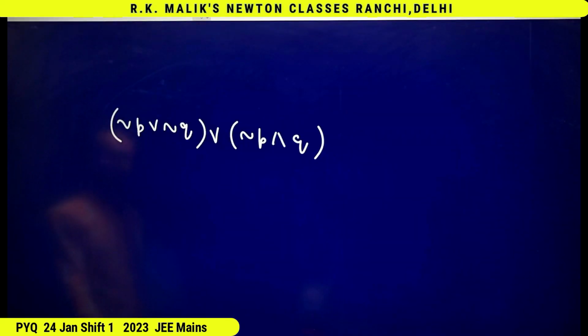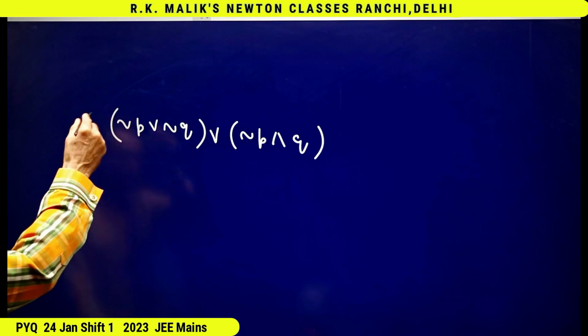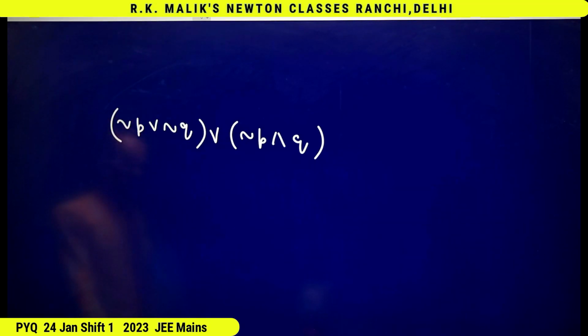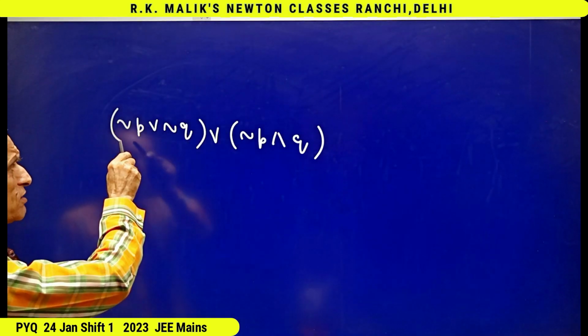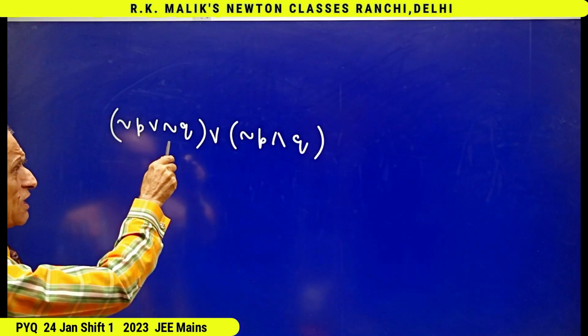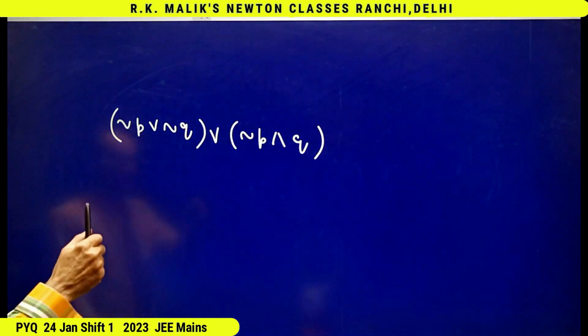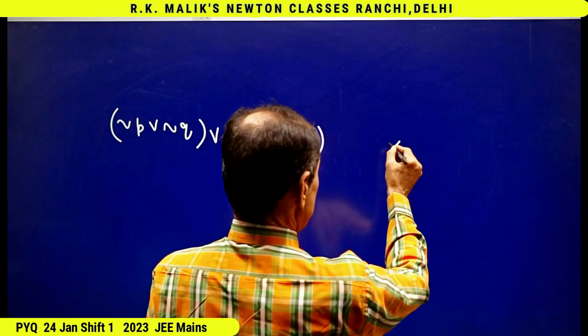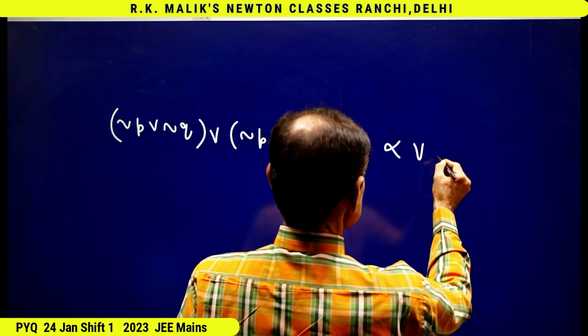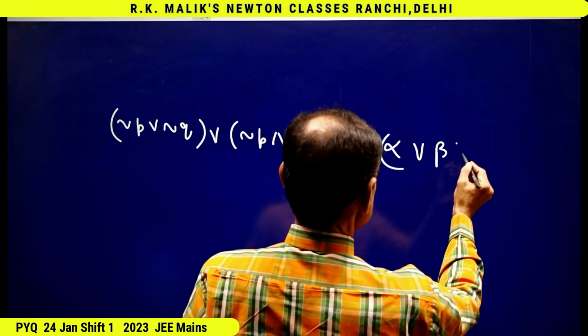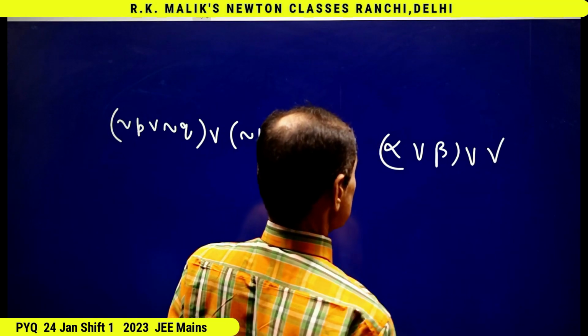And I had told you that I will be simplifying this by second method also, in which I will be taking this as one statement, this as one statement, and this whole as third statement. That is, I will be using the formula of alpha or beta or gamma.